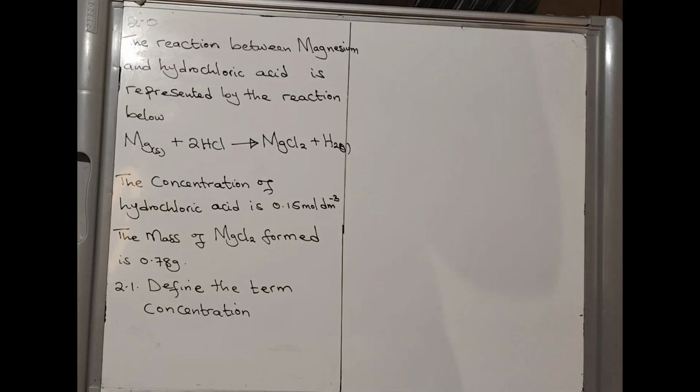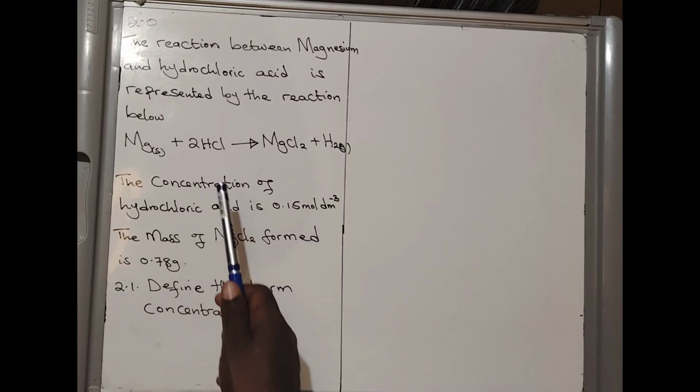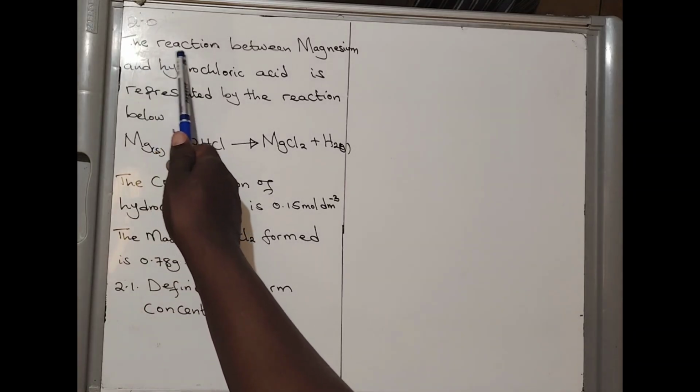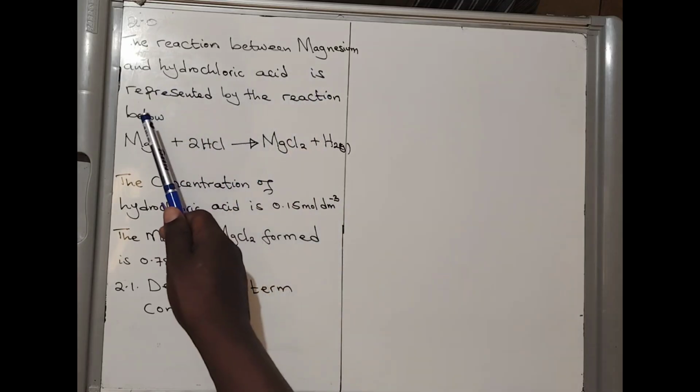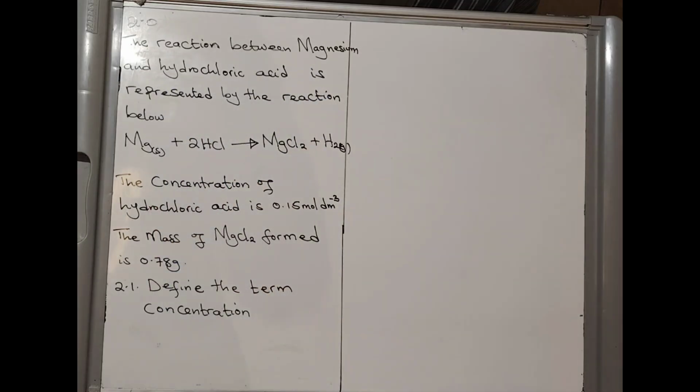Okay, we are still on this question. We are looking at question number 2. The statement reads, the reaction between magnesium and hydrochloric acid is represented by the reaction below.